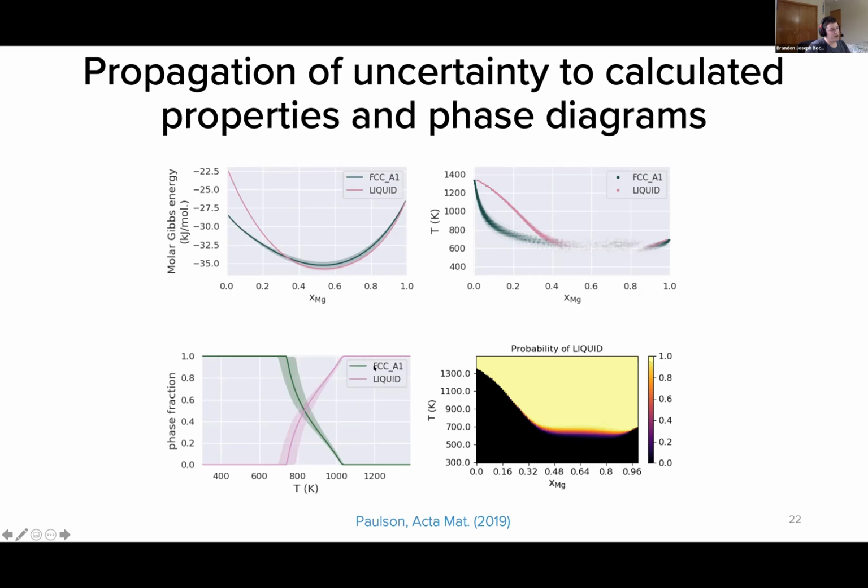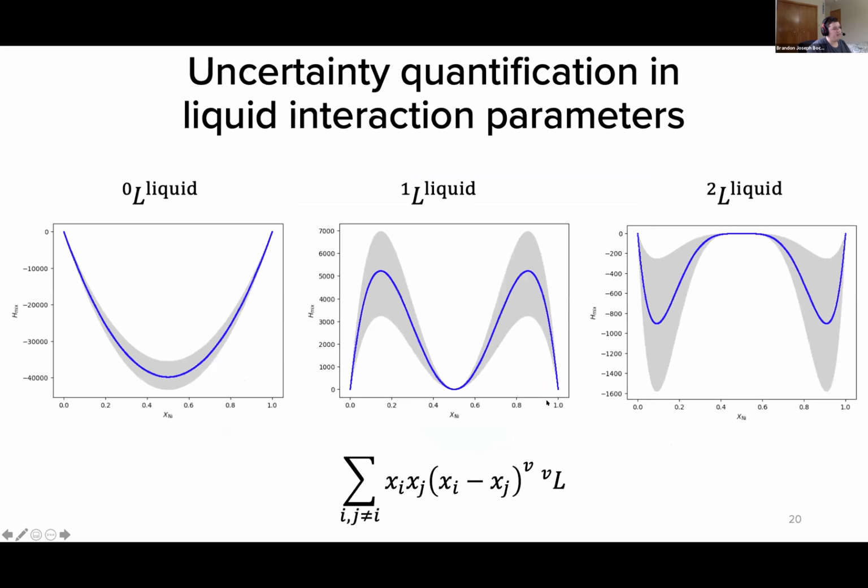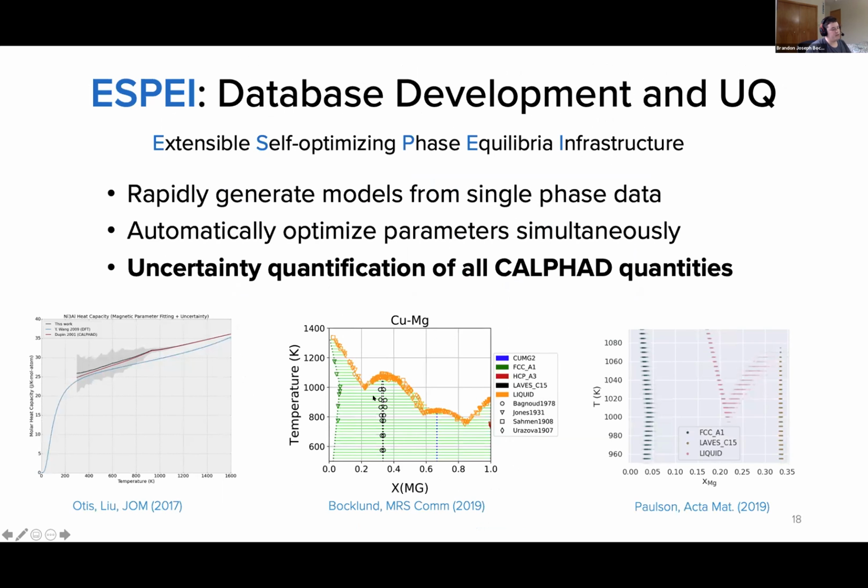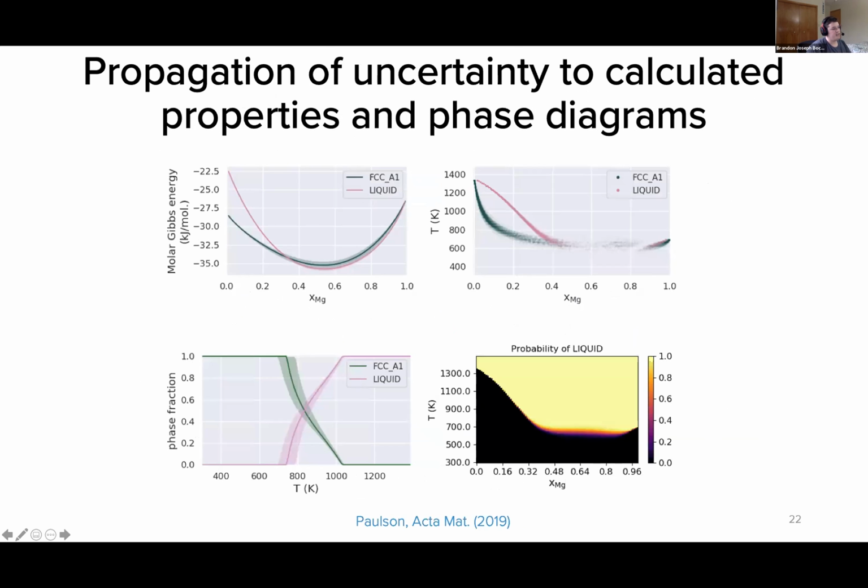And we see throughout all of these that the FCC is more uncertain, which again should not be surprising if we look back at the phase diagram from a couple slides ago, just given how few data there are that describe this FCC phase on the copper-rich side compared to how much data is available for the liquid. It's no surprise that the liquid is much more certain relative to FCC.